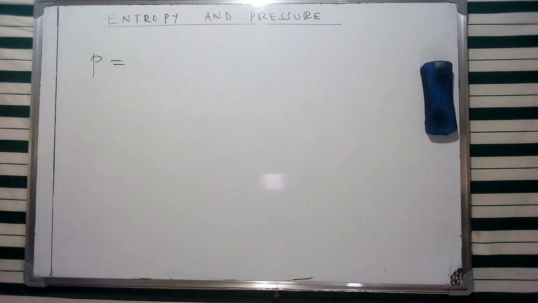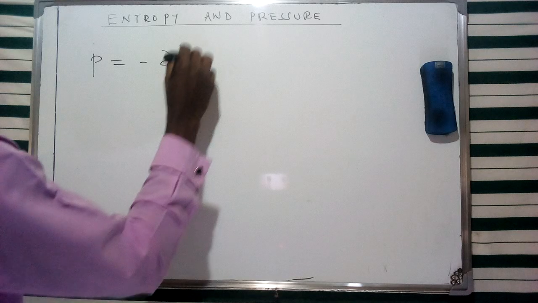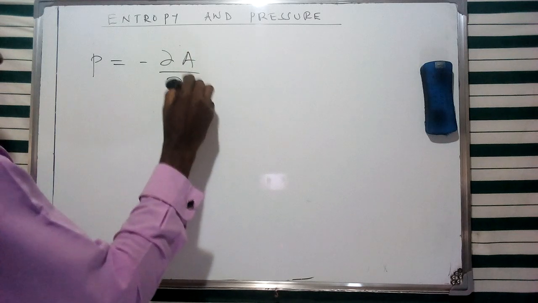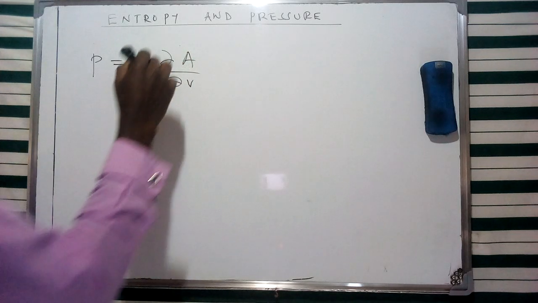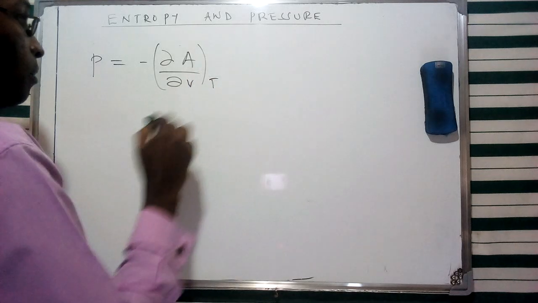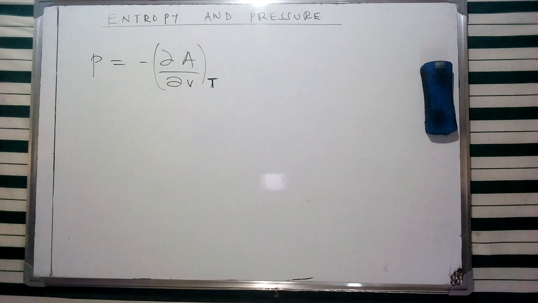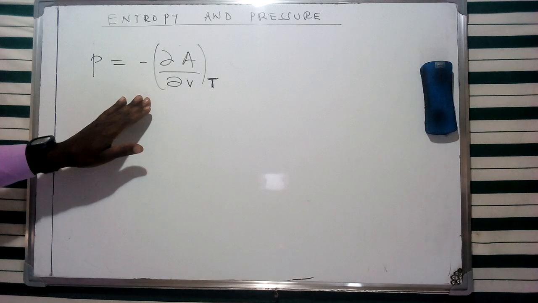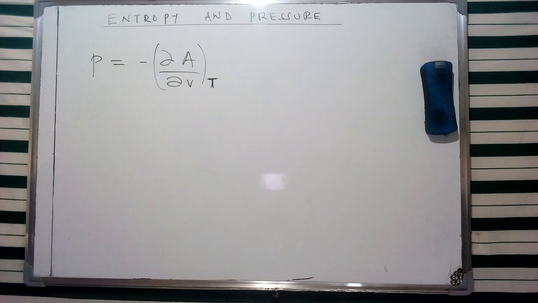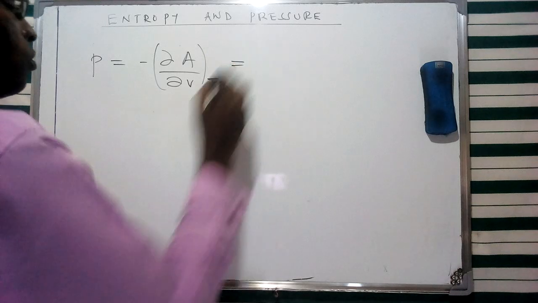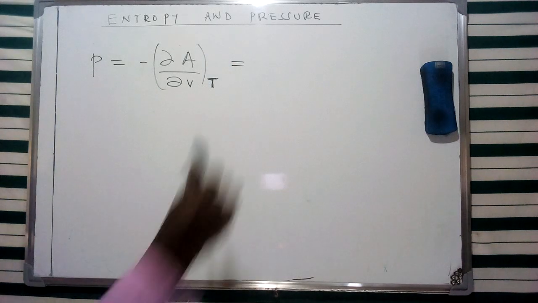So for pressure, we're going to have it given in terms of the partial derivative of molar free energy with volume, and this is going to be under constant temperature in that specific case. I'm also going to put a link of this specific video in the description box, so kindly check so that we are able to be at par with this specific derivation.